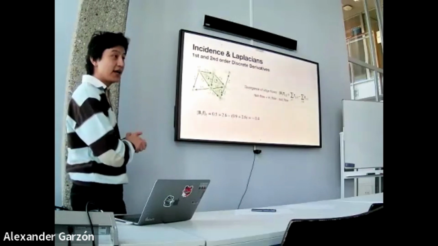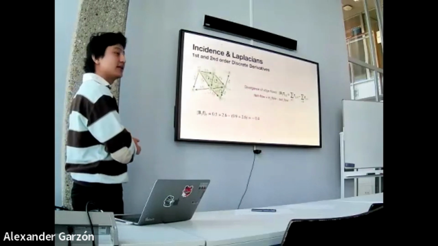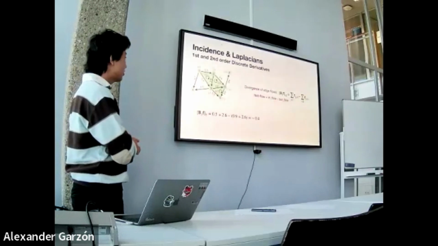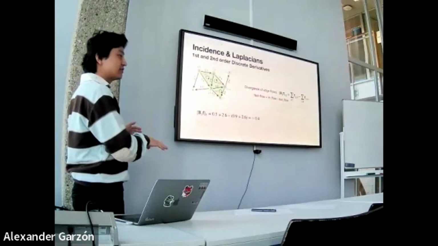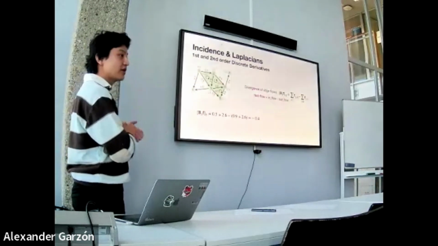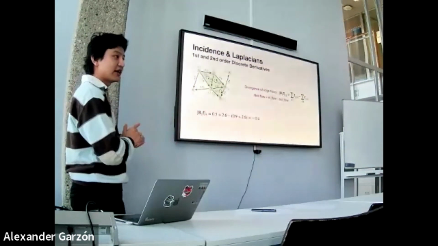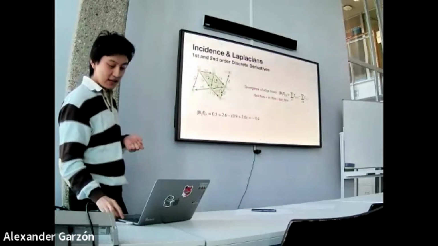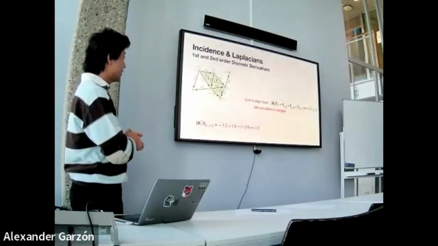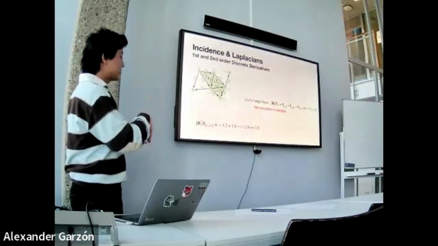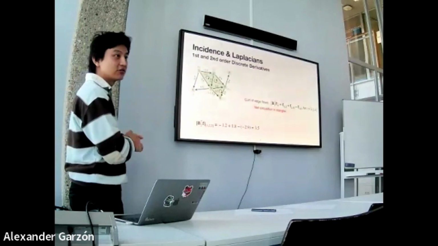And then if you take its adjoint and apply it to an edge function, you are really computing this net flow at each node, the total inflow minus the outflow. So this is in fact a discrete version of divergence. And then if we apply this B2 transpose on edge functions, you are really measuring the net circulation in each triangle.